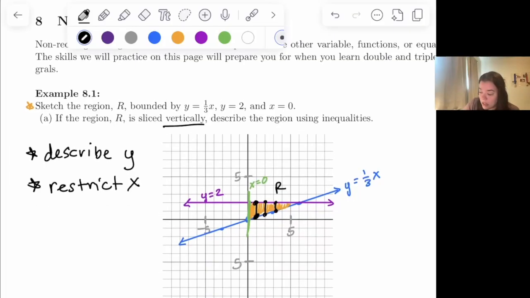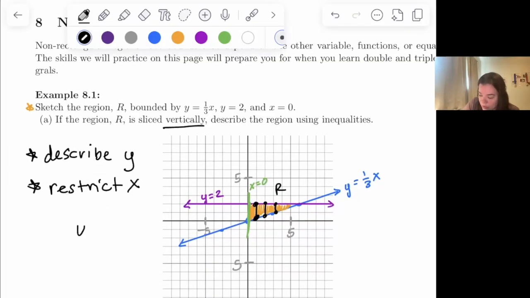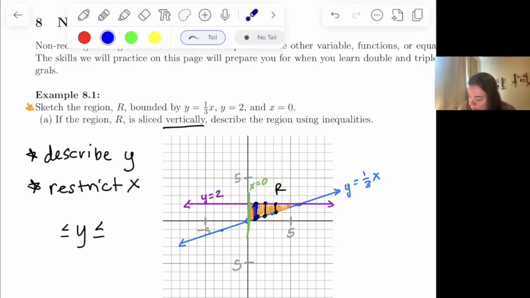So first thing I'm going to do is describe y, since it's a vertical slice. Where is y trapped? I need to think about, what do the feet touch? If you think of each of those slices as a person, think of the floor. What is the floor? Well, let's go over with my laser pointer. The floor is this slanted line.